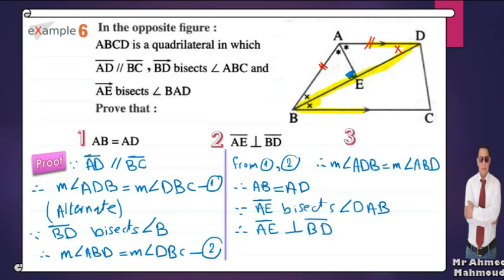The third required with us, prove that EB equals ED. Since this line is the axis of symmetry, therefore AE bisects the base.